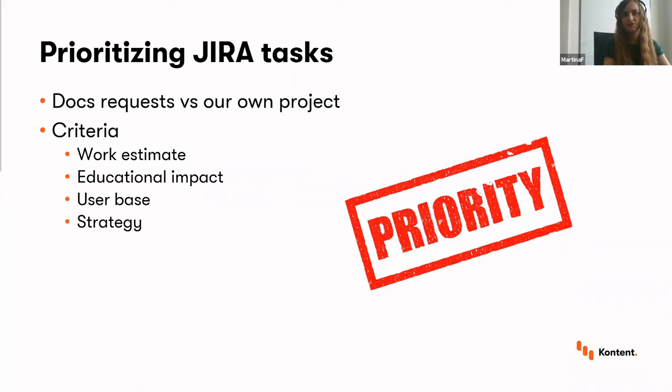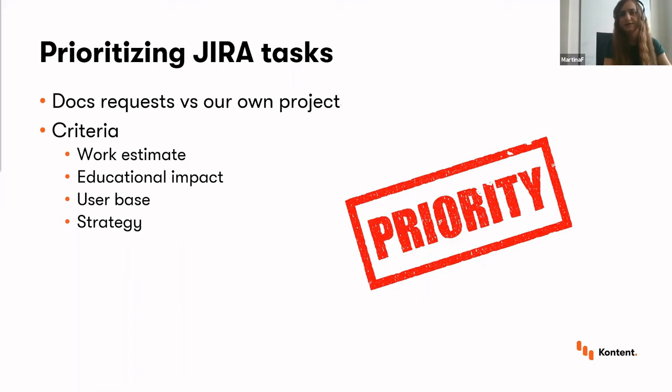After the initial changes and us getting used to the new way of working, we started coming up with ideas on how to make the process work better for us. The biggest challenge we saw was with the doc requests that kept coming to our backlog and the way we should prioritize them alongside our own tasks from our own projects.